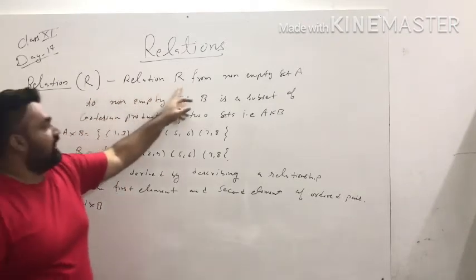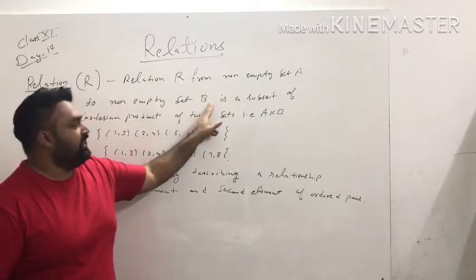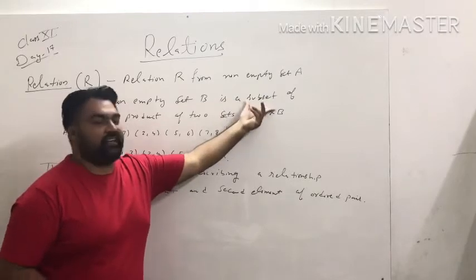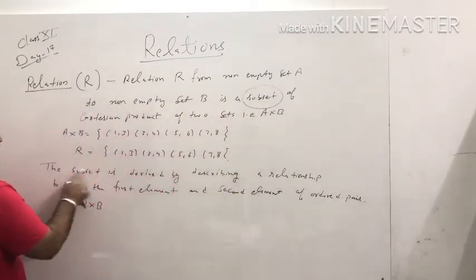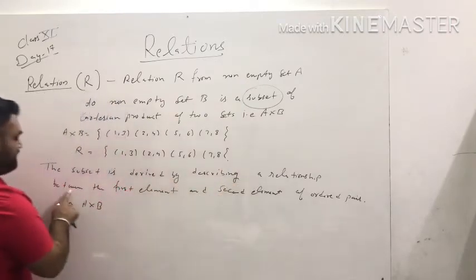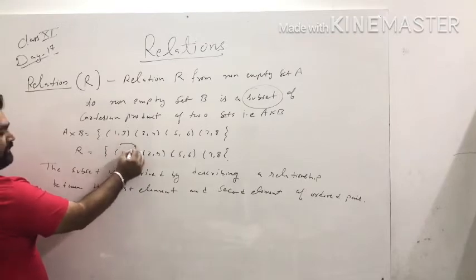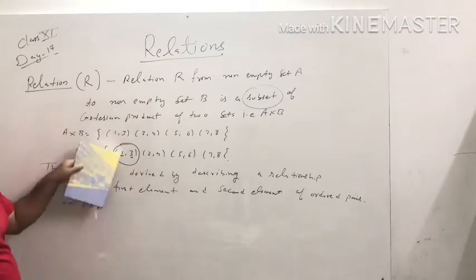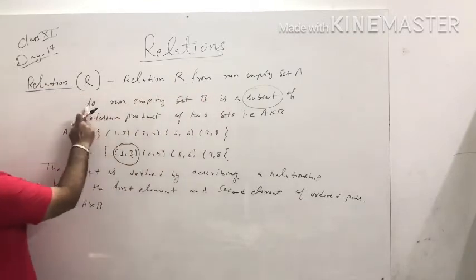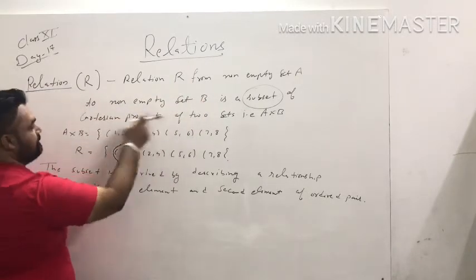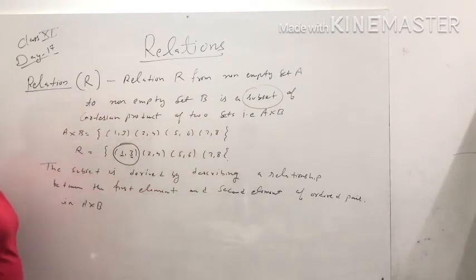So a relation R from a non-empty set A to a non-empty set B is a subset of the Cartesian product, that is A cross B.